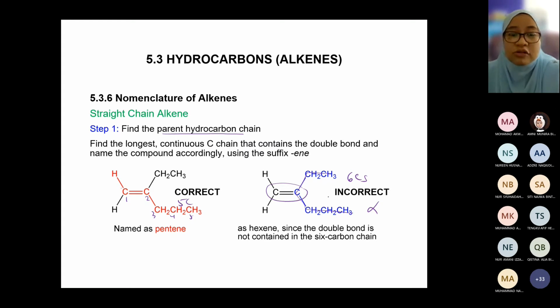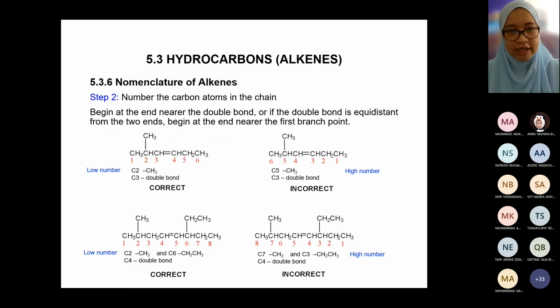So don't panic about finding the longest parent chain. You have to consider the functional group as well. Make sure that the functional group is in the chain. That's one more thing you have to consider, and then number the carbon atoms.